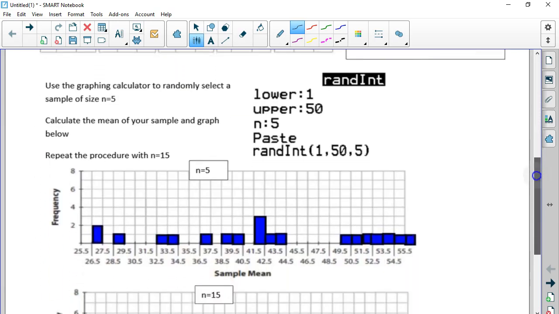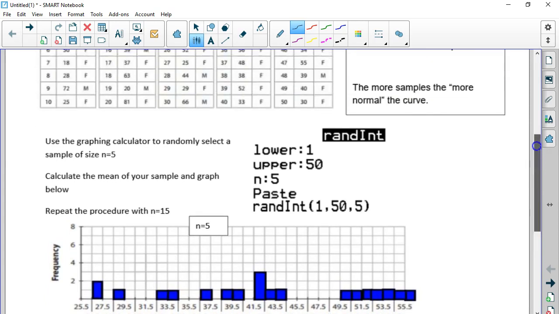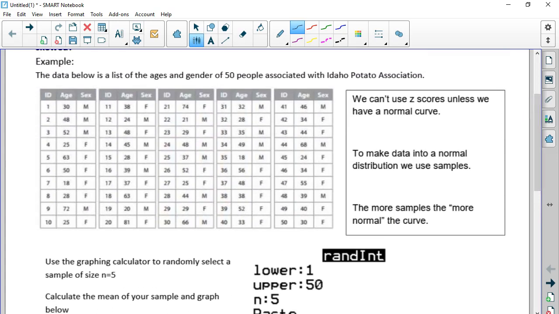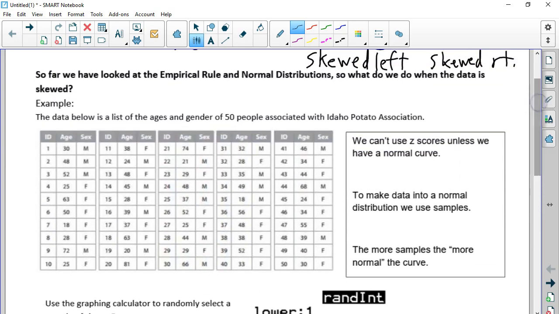So we're going to use a graphing calculator to randomly select a sample size of 5. Okay? So I'm going to do it like this, right here, random sample, 1 to 50, because there's 50 people. I want to pick 5. Or you can do it one time and just click OK 5 times to make sure you get no repeats. We talked about that.